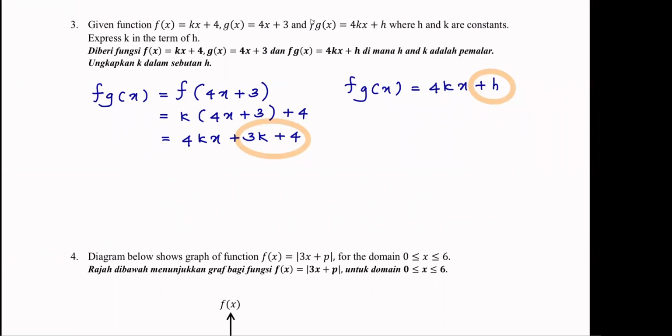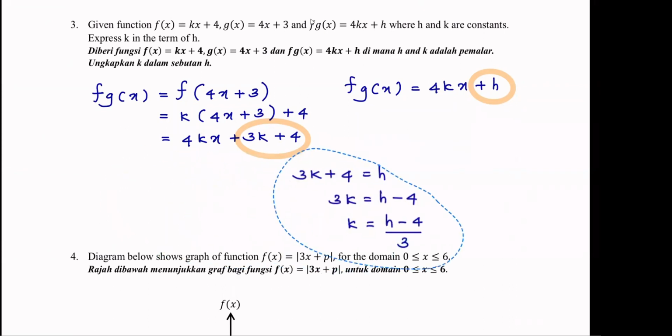So the answer going to be express k in terms of h. That means 3k plus 4 equals to h.